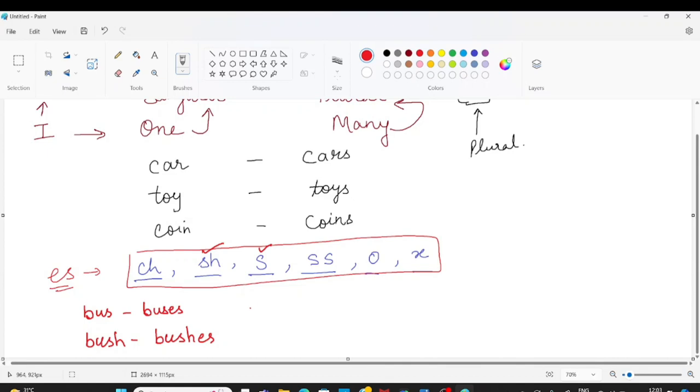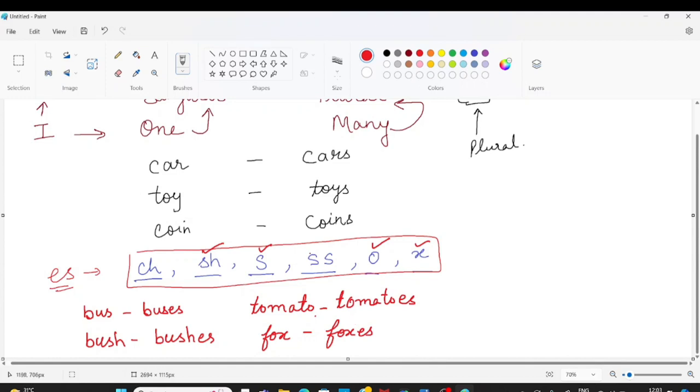If the word is tomato, it has o at the end, so we will add es, tomatoes, many. If the word is fox, x, we will add es, foxes.